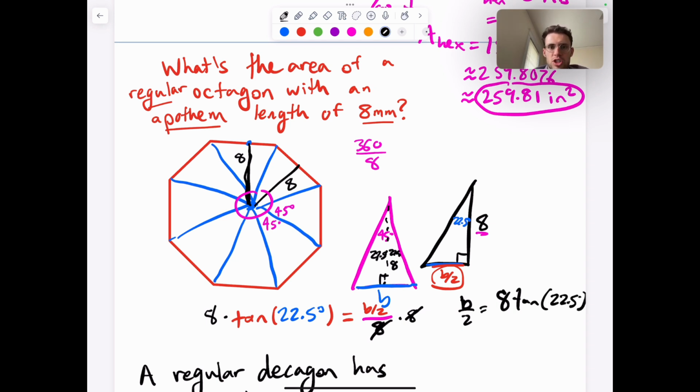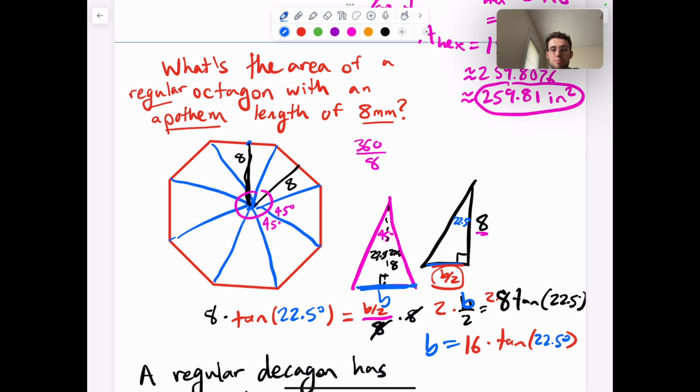If we want to get just the base, then we would multiply both sides by 2. And we get that the base of this big triangle is equal to 2 times 8, which gives us 16, so it's 16 times the tangent of 22.5 degrees.